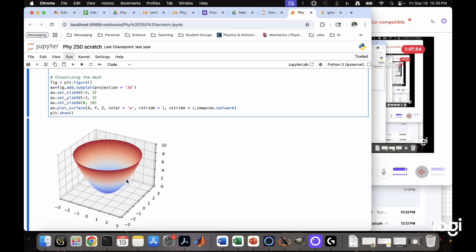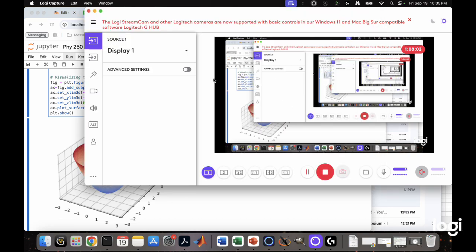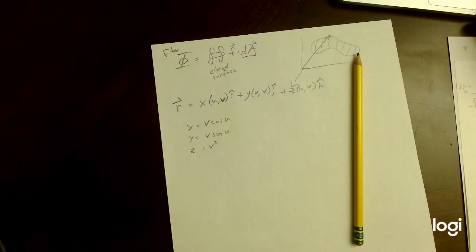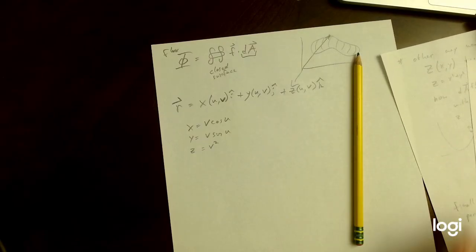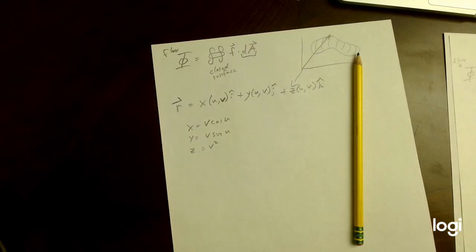You can see this is a parabola-type shape, but now in 3 dimensions. Okay, so I'm going to quickly go back to my camera, and let's continue where we were.